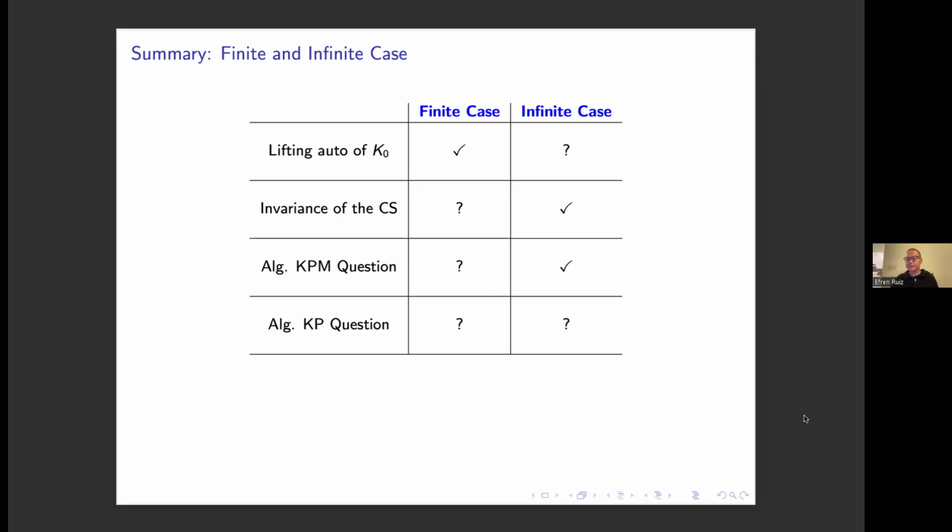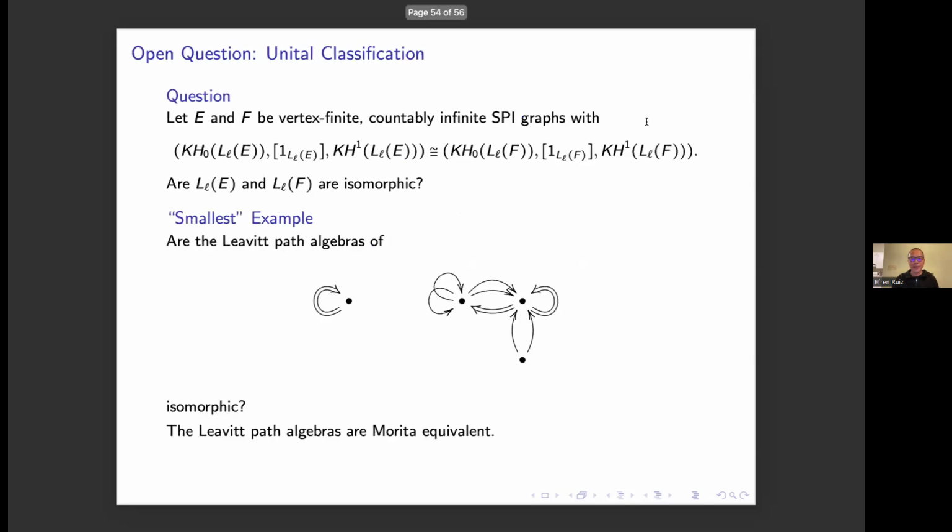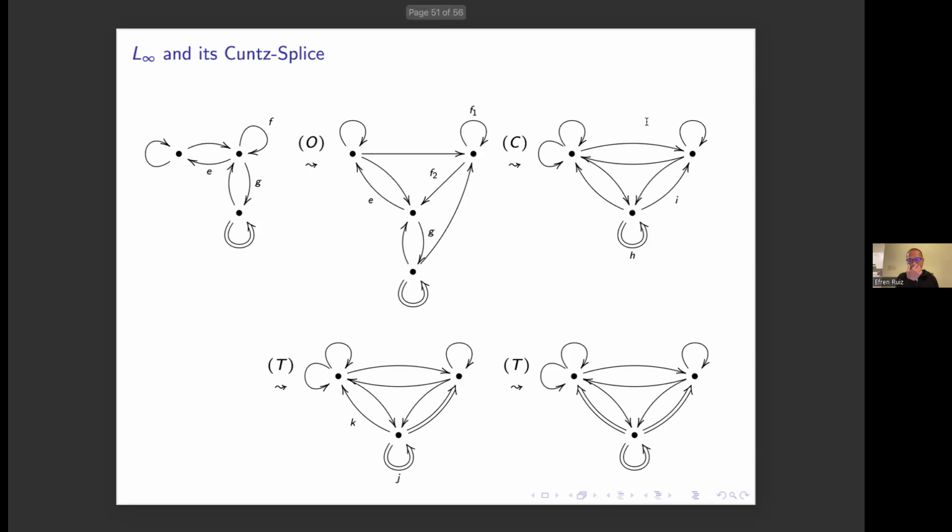Otherwise, I didn't understand what the move T was. Okay, yeah. Let me go back to the move T here. This is a move that we invented when we studied these amplified graph C-star algebras.